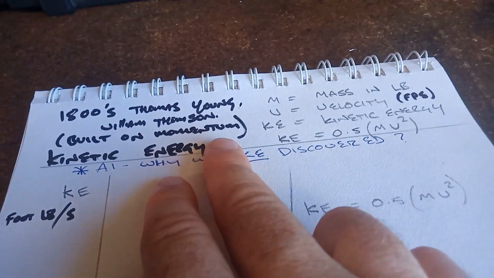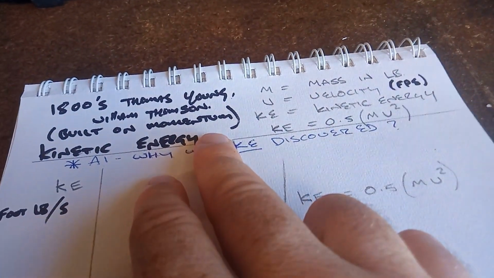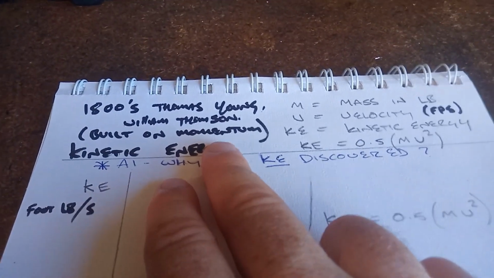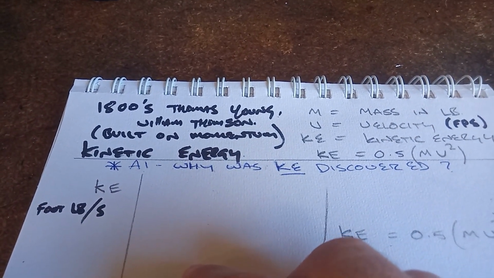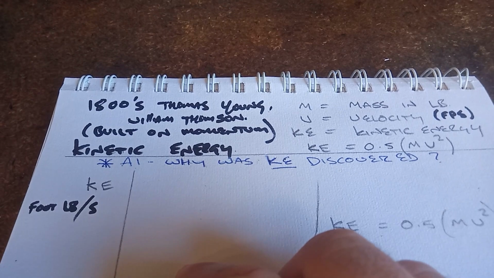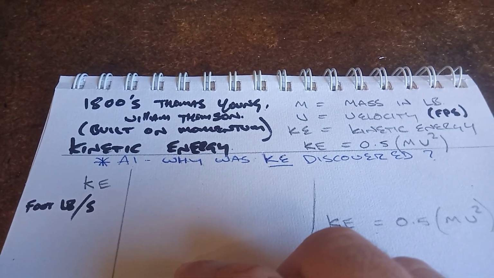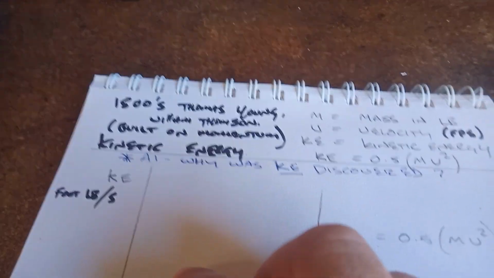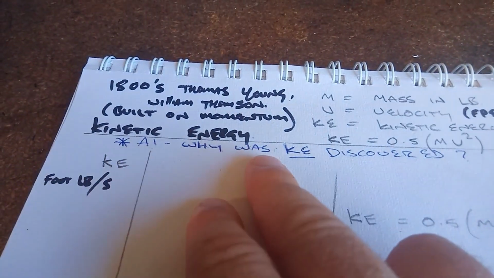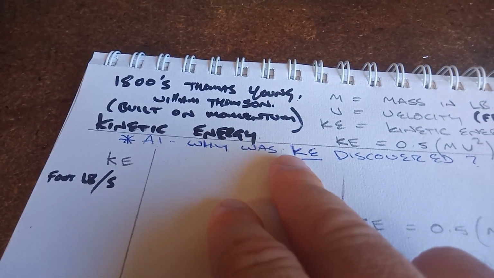Now, I had a discussion with a buddy not too long ago where I said this to him, and I got my answer run through artificial intelligence, because it just didn't seem like he understood what I was talking about. When I say it was built on momentum, I actually do mean it in two respects.